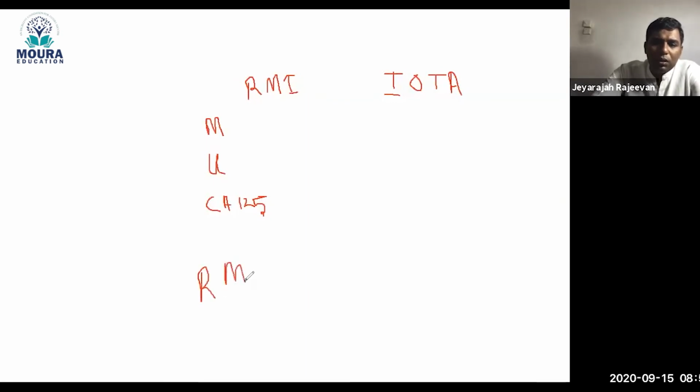RMI is menopausal state into ultrasonic features into CA125 level. So you multiply all these three. This is the RMI. For the menopausal state, we have a scoring system.